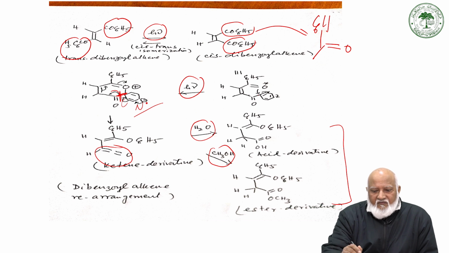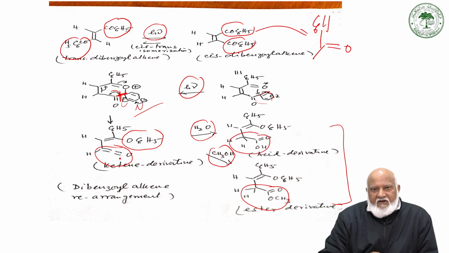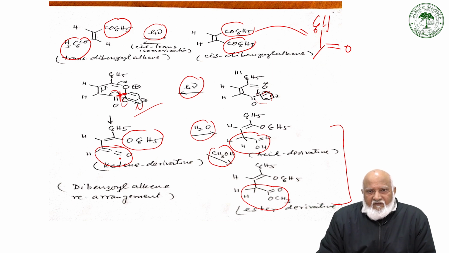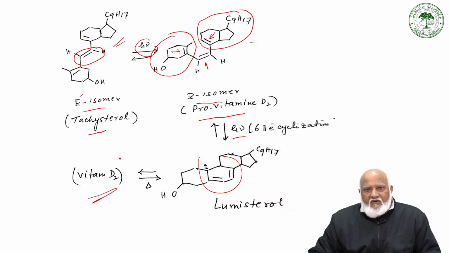You can see the phenyl group from one benzoyl is migrated to this via decomposition of this intermediate, and this becomes OC6H5, and then this ketene becomes either an ester or an acid at this end. So this is another interesting rearrangement, cis-trans isomerization of alkene followed by phenyl group migration.